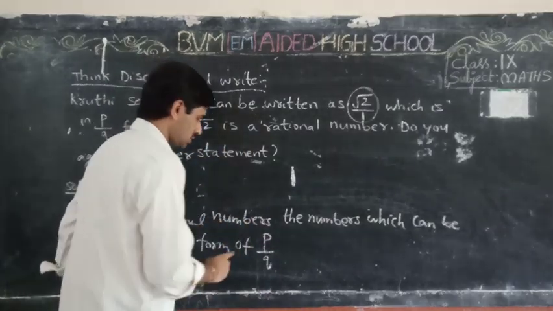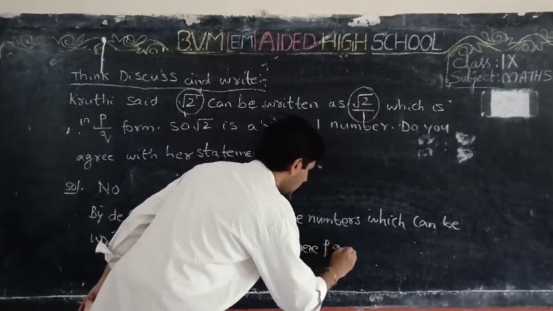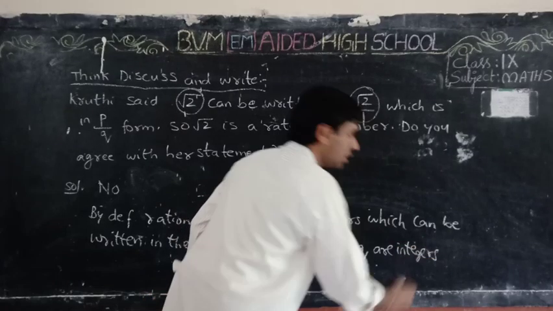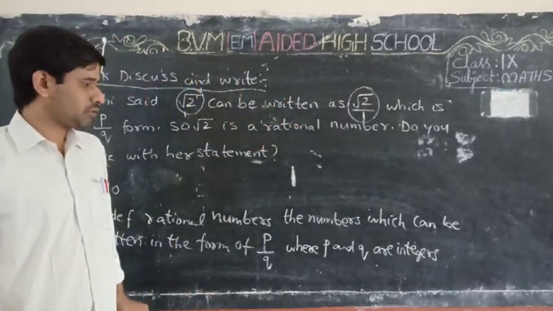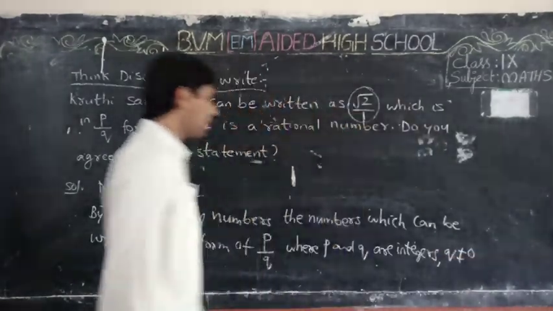But there is a condition: p and q are integers. What are integers? All the positive counting numbers, negative numbers and 0. And q is not equal to 0. These are rational numbers.